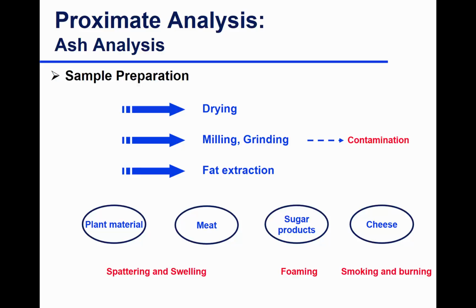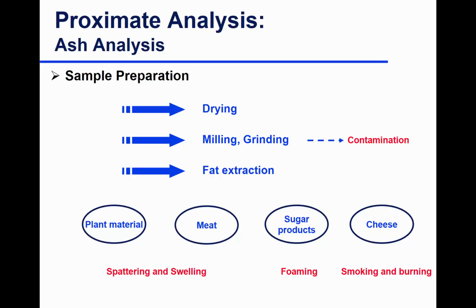Obviously, you need to mill and grind your sample. For proximate analysis, all except fat, you need to have a mesh number of 20. For fat, you need a mesh number of 40, if you remember from chapter 5 of sample preparation. So the sample needs to have high surface area for proper evaporation and oxidation of the components, so you need to grind your sample.